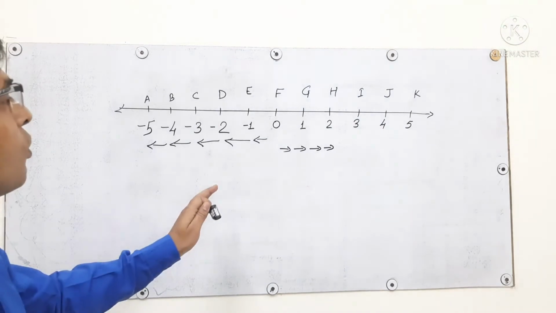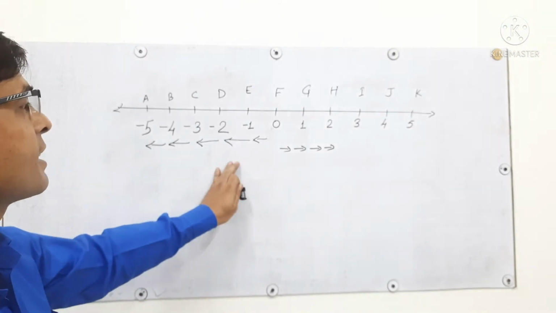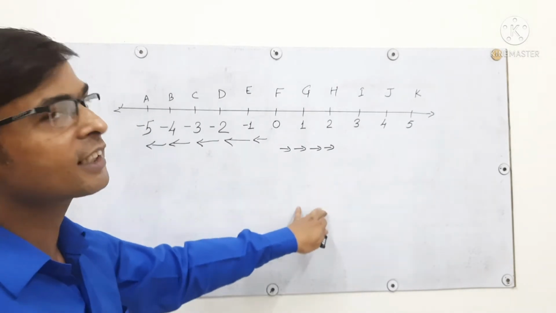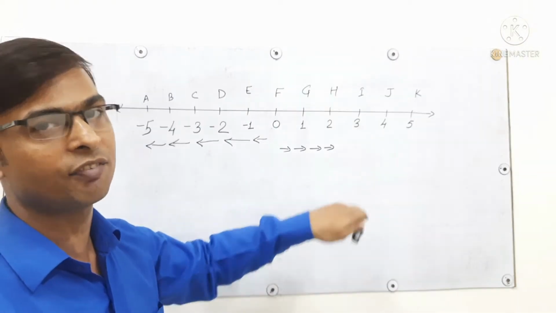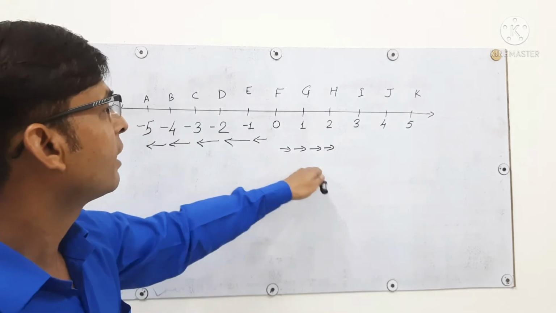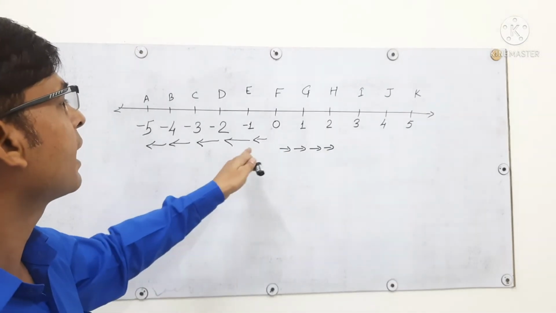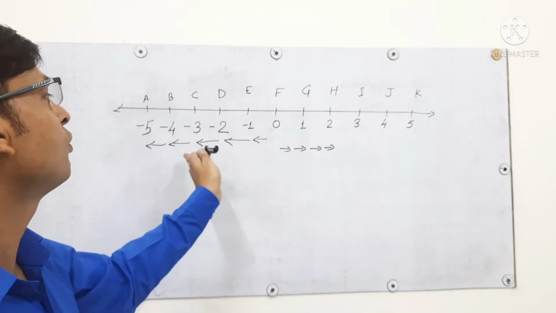So we learn that numbers which are positive and greater than 0 come just after 0, and negative numbers less than 0 come before 0.